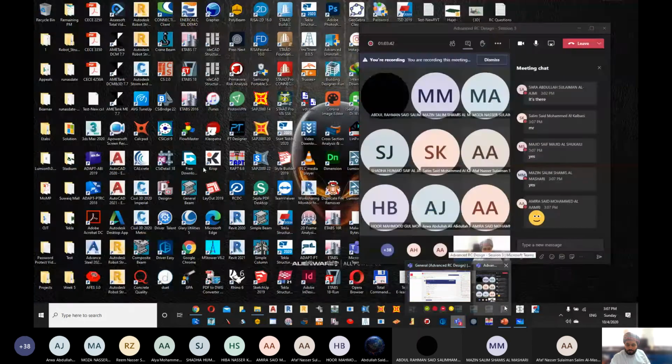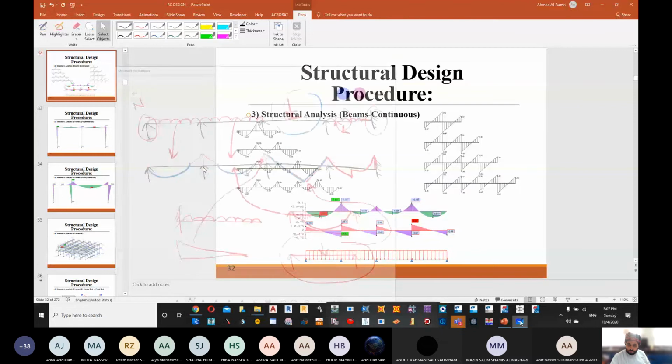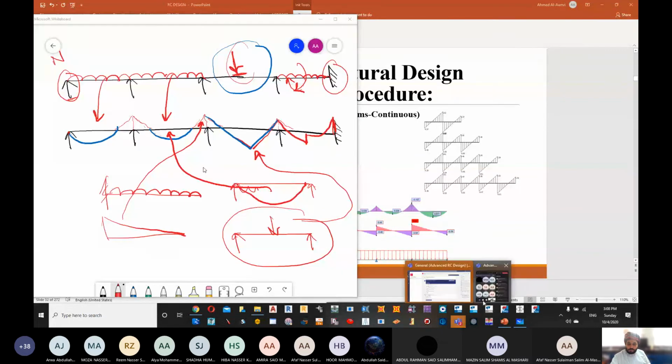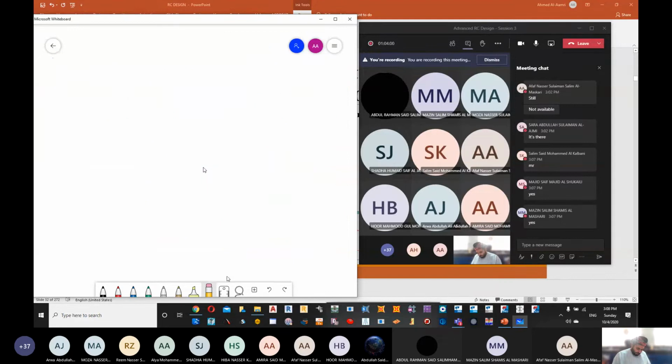Now, going to continue whatever we have done. I have explained for you the bending moment diagram and how we have it.